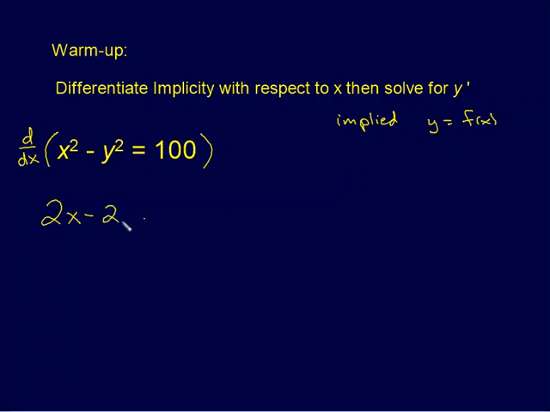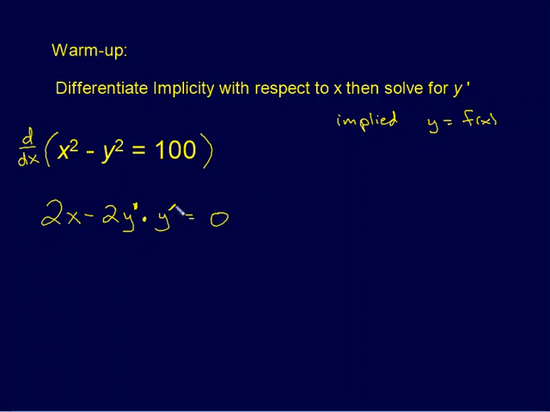So the first part is 2 times the function to the first power, but then you have to differentiate the inner part. I'm going to try and make the difference between y to the first power and y prime. And then the derivative of the constant 100 would be 0.